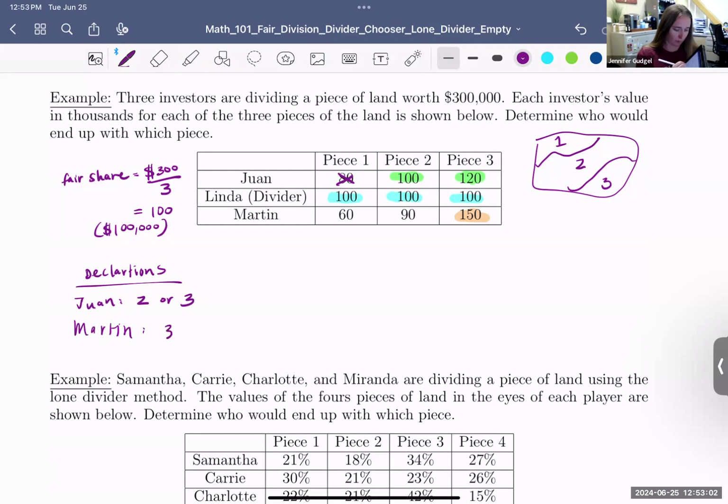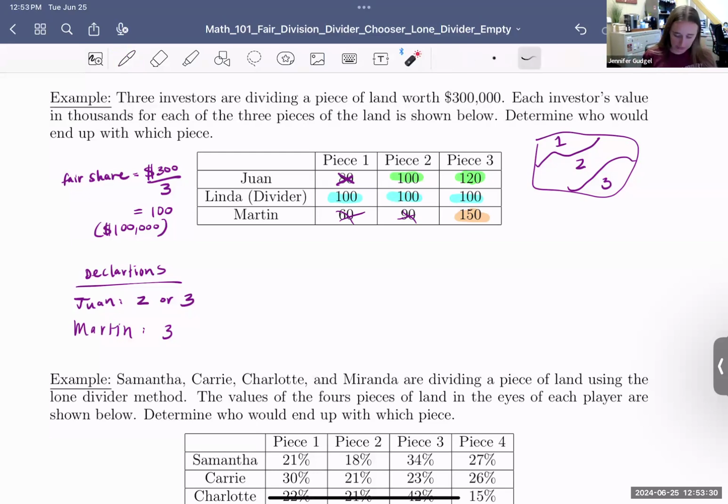is only happy with 3, and you never even really need to write down who the divider is because they have to be happy with all of them. It's part of the divider requirements that they've split the pieces into equal values, into pieces that they would be content with. So now that we have these declarations, this is where we start to look for pieces that only one person wants, or that are not contested, I should say.